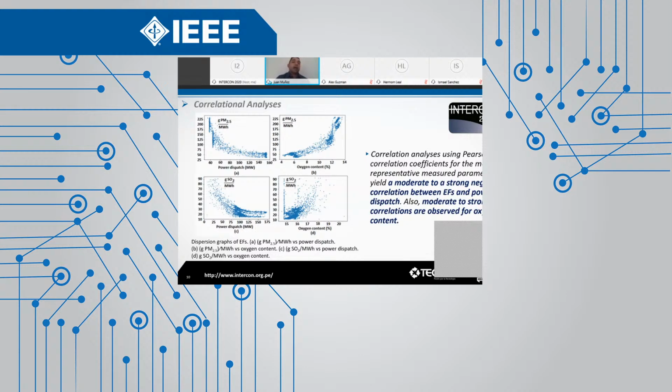We also found a positive correlation of the emission factor with respect to the oxygen content. So in terms of the models that we're building to predict this factor, we are only considering these two variables. Depending, of course, on the model used, the accuracy of the prediction is going to improve or not. For the emission factor of SO2, we found a very similar correlation with respect to the power dispatch.